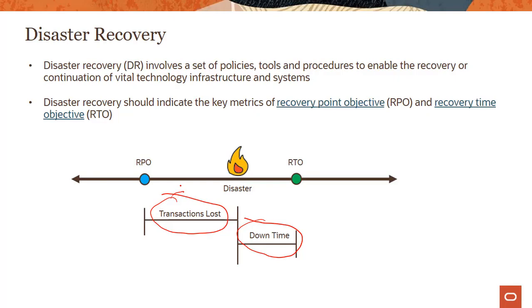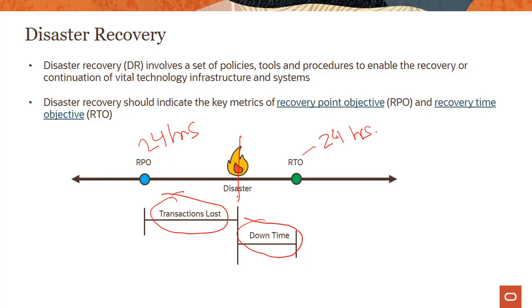Let me give you an example. Let's say your RTO is 24 hours, and so is your RPO, the same as RTO, 24 hours, but now they mean very different things, based on what they actually imply. So let's look at that. Let's say your RTO is 24 hours. This means that if a disaster happens, you are okay with having a downtime of 24 hours.